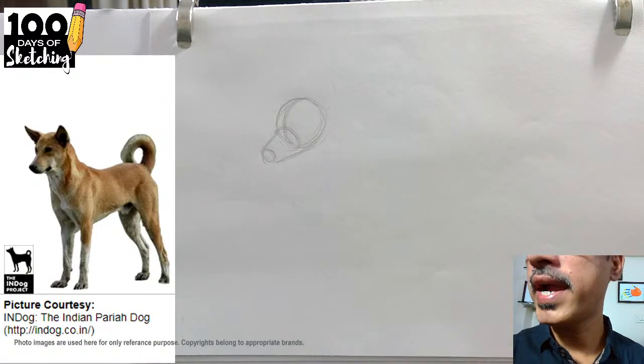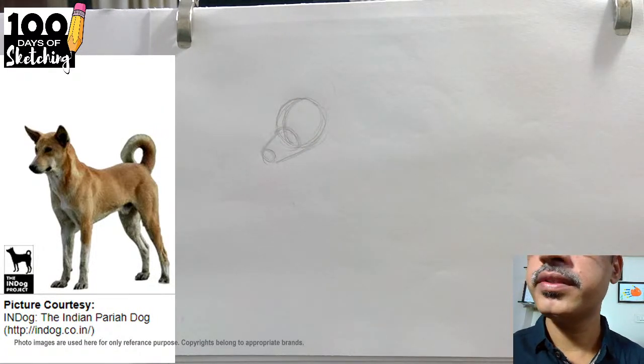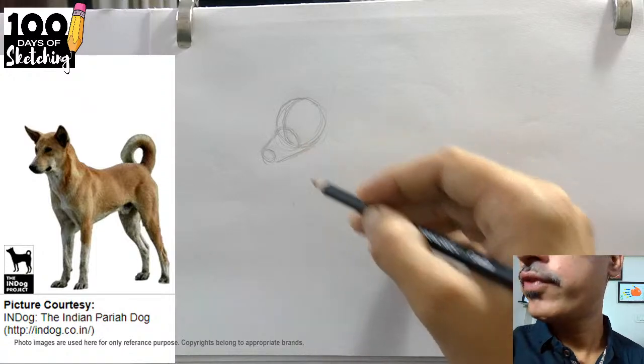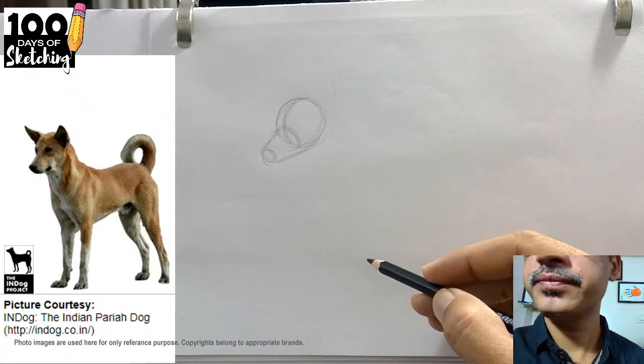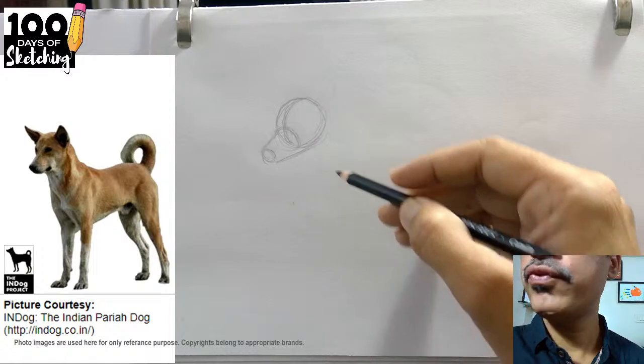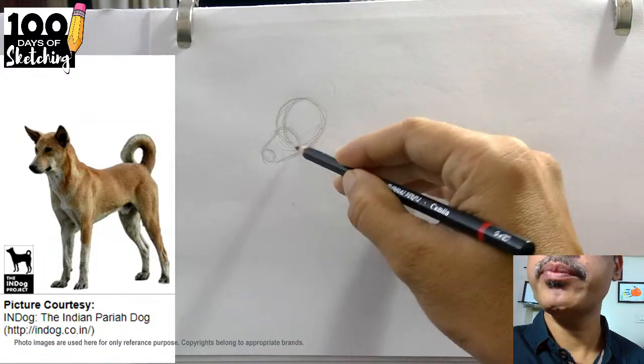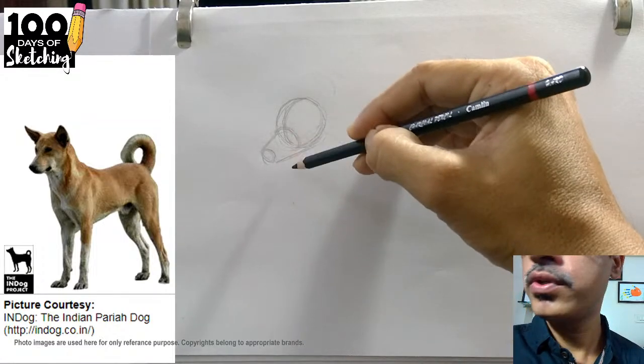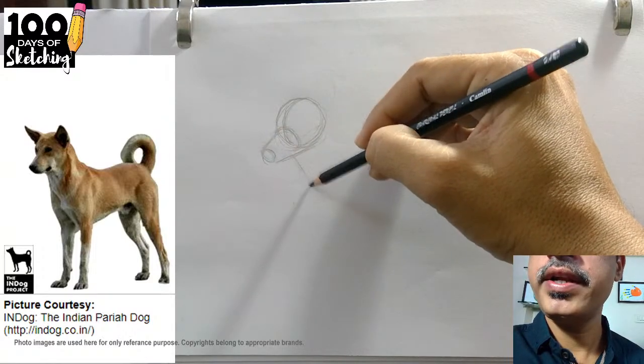So for that, in this reference image, if you see the neck portion, the neck also has a cylinder.